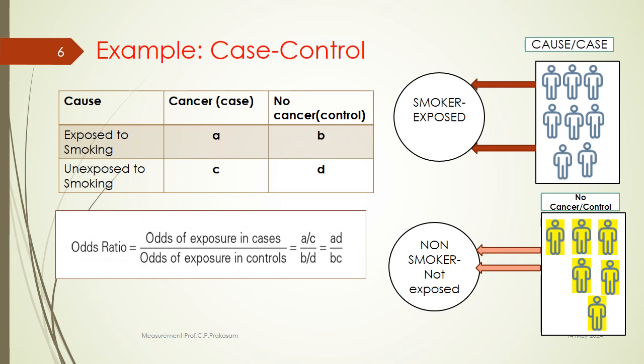Then when you look at the picture on the right side, they identify the cases, cancer or non-cancer. From those patients they identify whether they are smoking or non-smoking, and then calculate the odds ratio, that is, the contribution of exposure in relation to non-exposure.